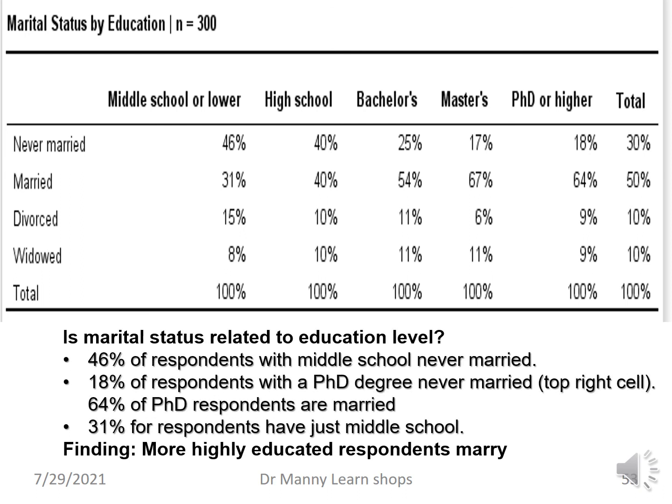So the question is, is marital status related to educational level? 46% of the respondents with middle school never married. 18% of respondents with a PhD never married. 64% of the PhD respondents are married, however, versus 31% of respondents with just middle school. So the finding basically tells you that more highly educated respondents get married.